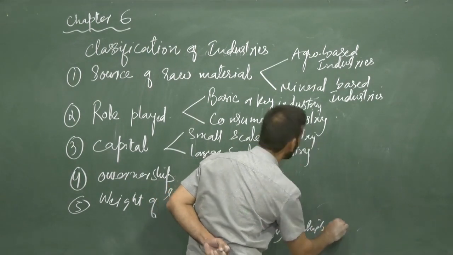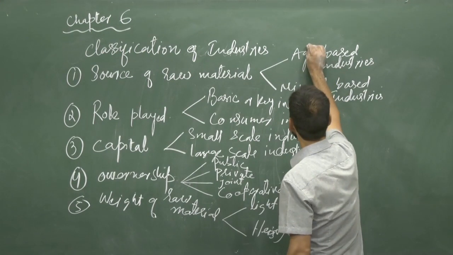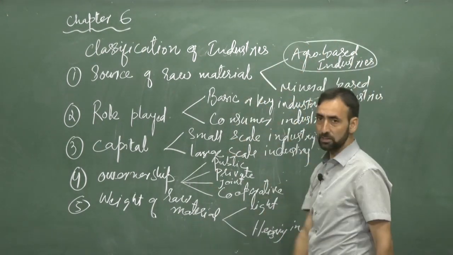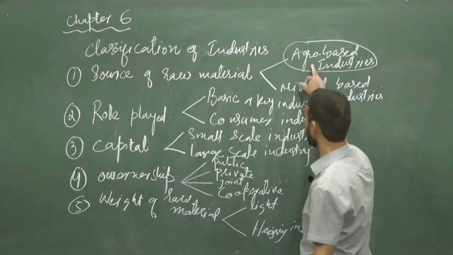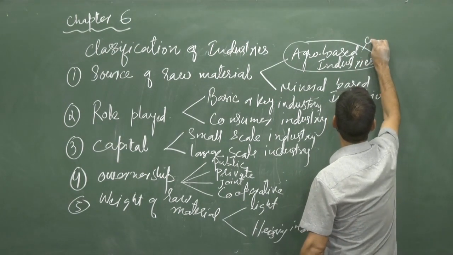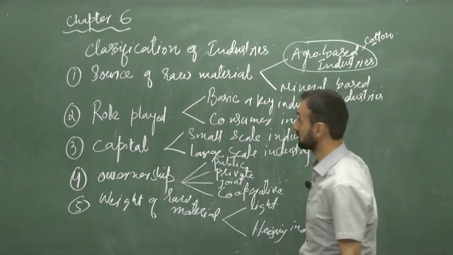Now listen. On the basis of source of raw material, industries have been classified into two: agro-based industries. These are industries which obtain raw material from agriculture, like cotton, jute, sugarcane. These are the examples.